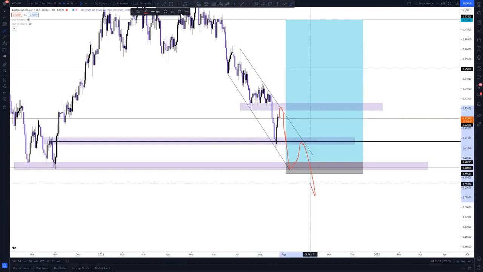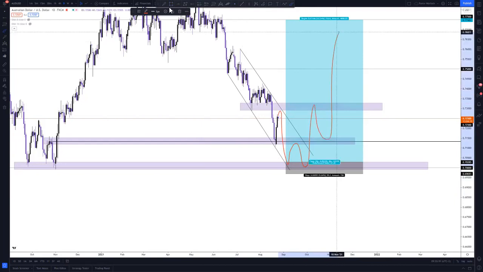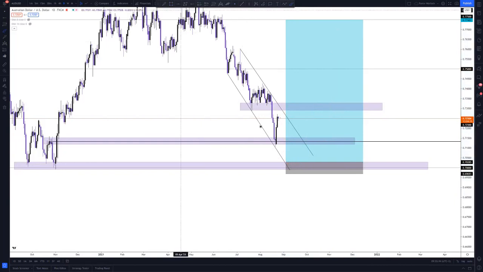Or another possible scenario is that it can do this, come here, double bottom, then start to shoot back up, like that. We do not know what price is actually doing, but we do assume that we're going to get trades around those areas.